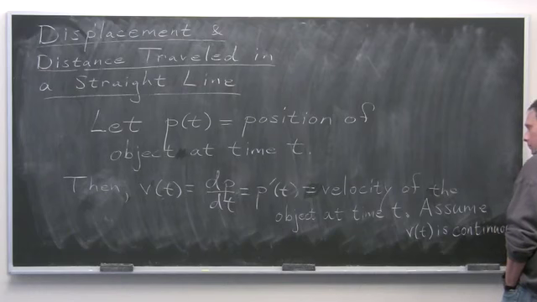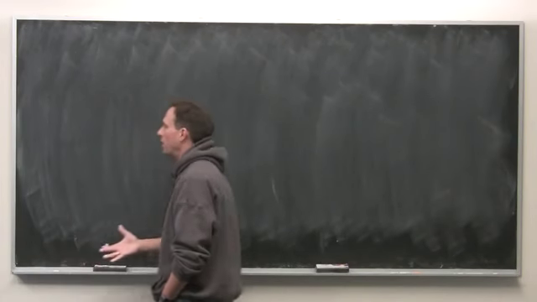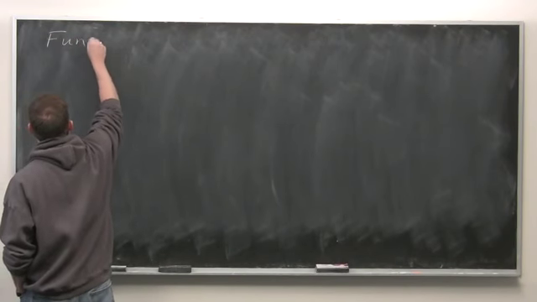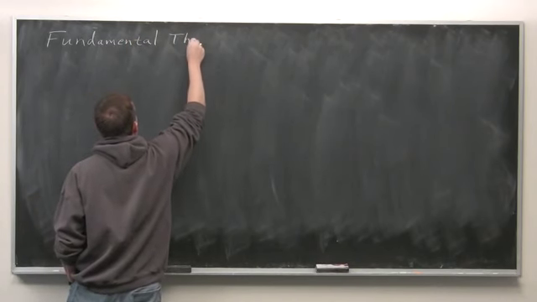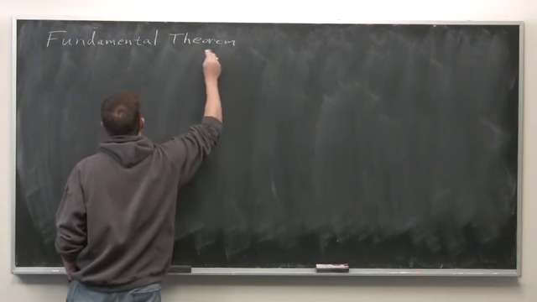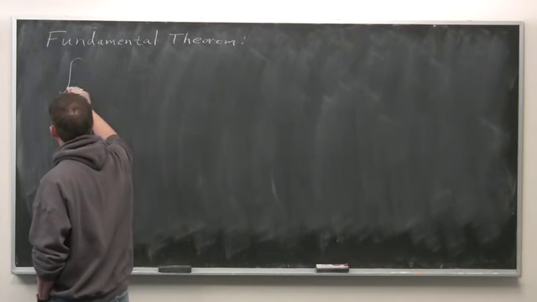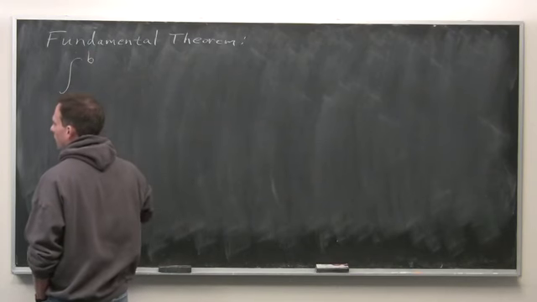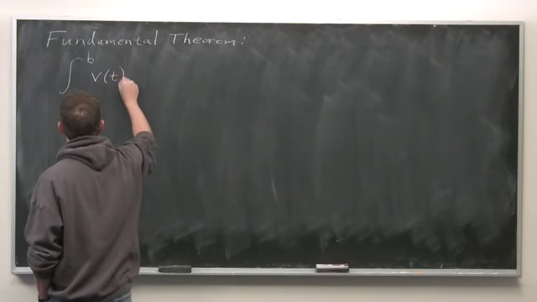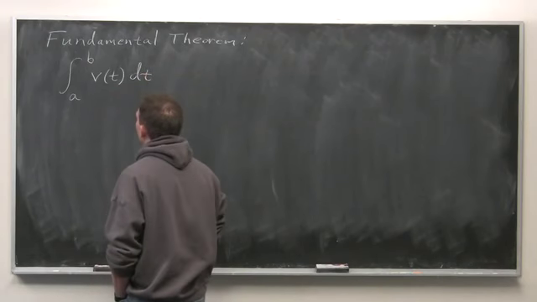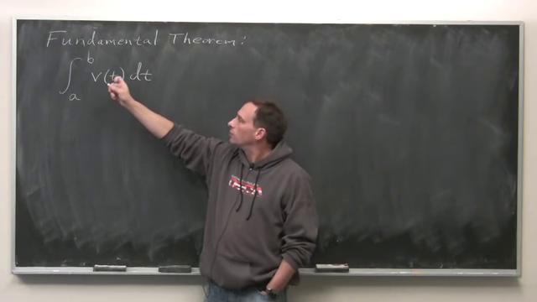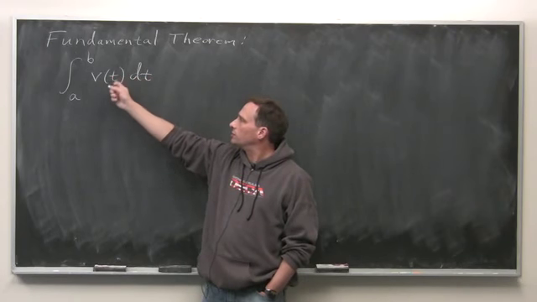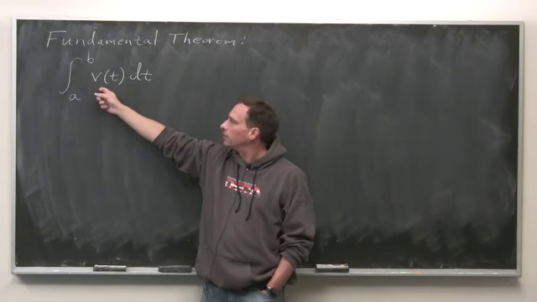All right. Then, so what do you get from this? Well, the fundamental theorem of calculus tells us that the integral from a to b of v of t dt, since we're assuming v is continuous, equals, we need to produce an antiderivative of the velocity.